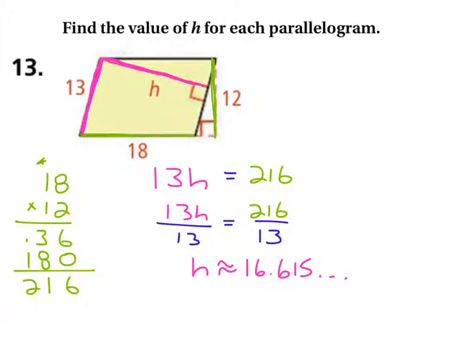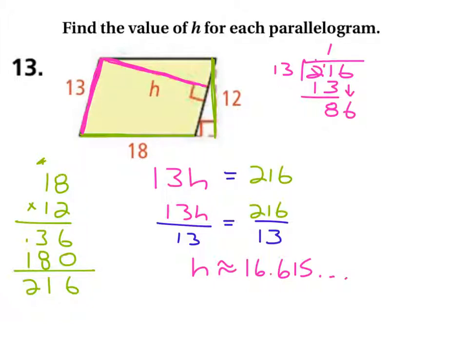If you were dividing 216 by 13 here up top, you would say 13 goes into 21 once, and we've got 8 left over, and you bring that 6 down.